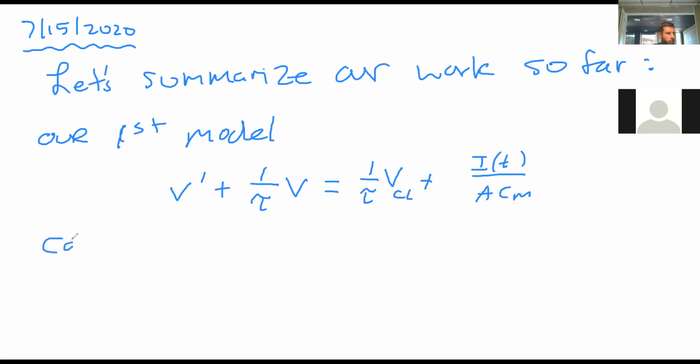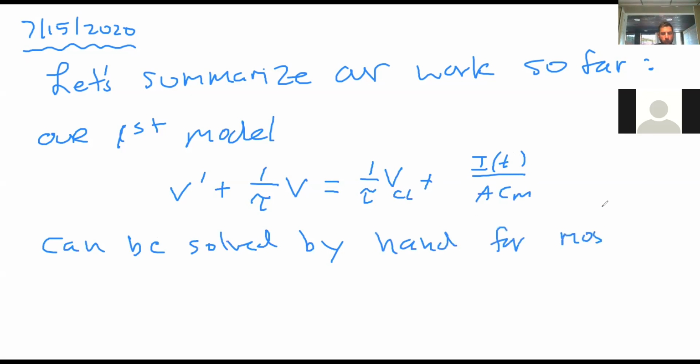So this thing can be solved by hand, provided, I guess the better way to say this is, this can be solved by hand for some inputs I of t.